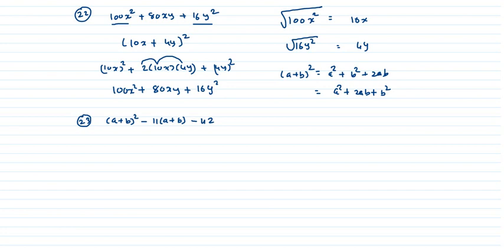Okay, now here same kind of question. See, here if you are getting a term like this, what you have to do is just assume a plus b is equal to x. Okay, just consider your a plus b is your x. So just substitute a plus b wherever you see a plus b, put your x value. So it is x square minus 11x minus 42.